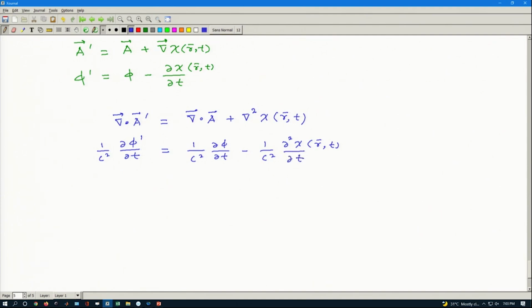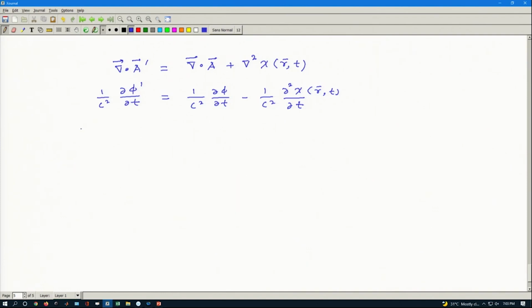Now, I simply add both sides, because on the left hand side I want something.